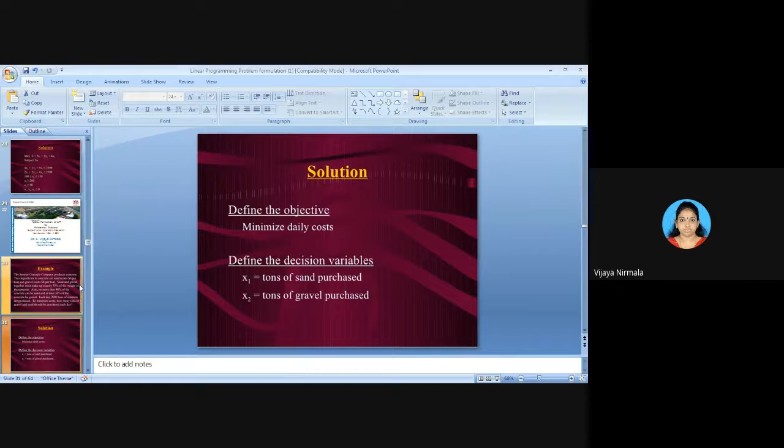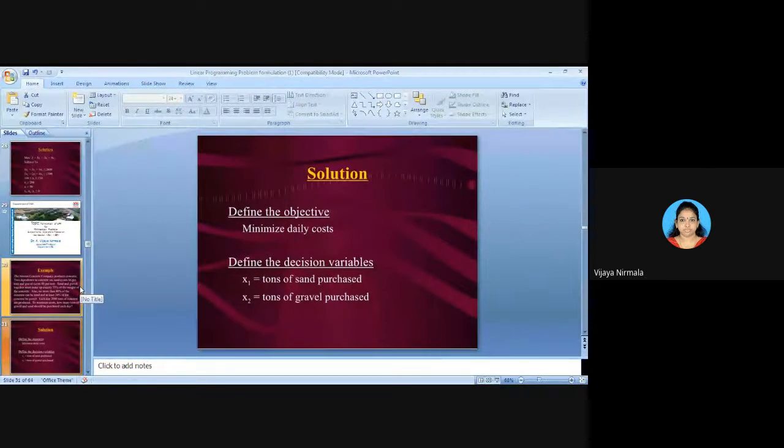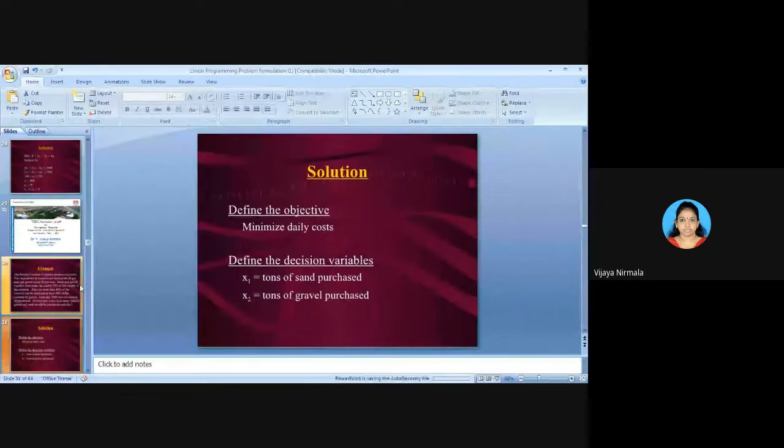Once the objective is framed, what do you have to do? You have to define the decision variables. You have defined the objective, it is a minimization problem. That's enough. Next comes the decision variables.